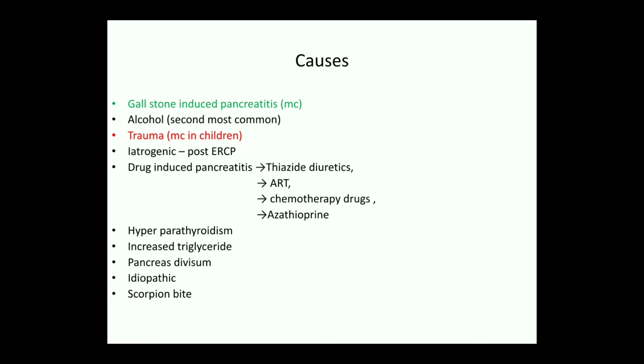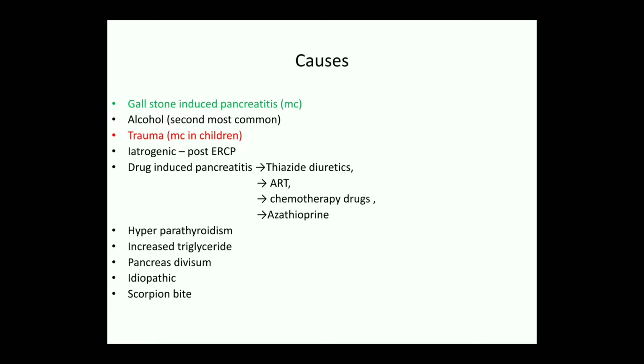and drugs such as thiazide diuretics, ARTs, antiretroviral therapies, chemotherapy drugs, also azathioprine, and hyperparathyroidism can also be a reason for pancreatitis. Increased triglyceride levels in the blood, a condition called pancreas divisum.